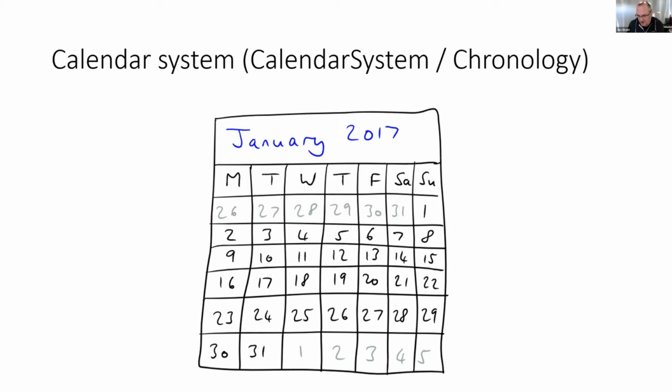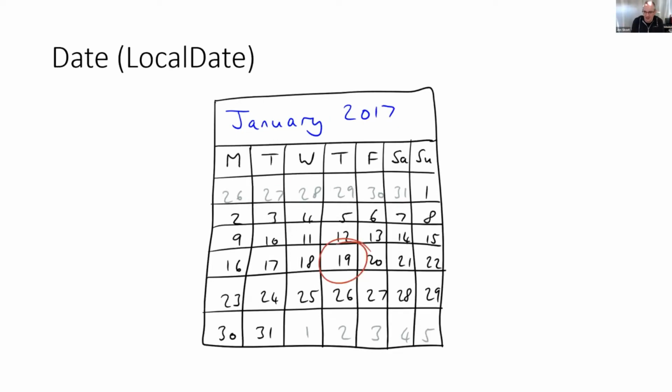So if you are breaking the timeline into year, month, day, using a calendar system, the next concept that we want to mention is a local date in both java.time and Noda Time, but fundamentally a date. And a date is year, month, and day within a particular calendar system, or chronology in java.time.